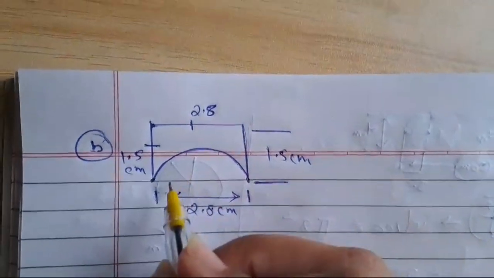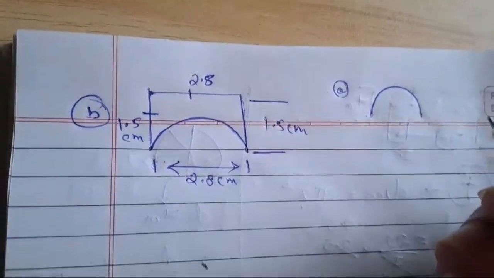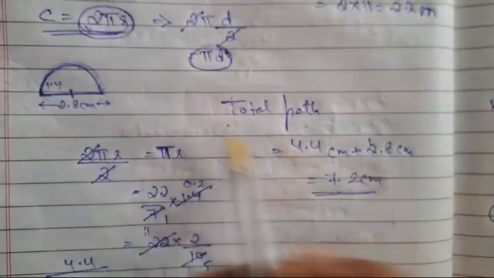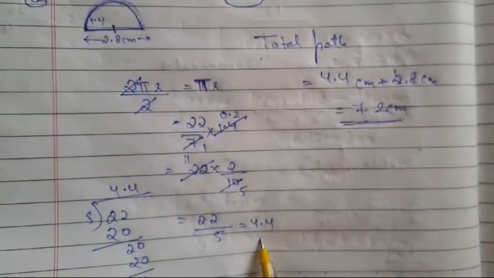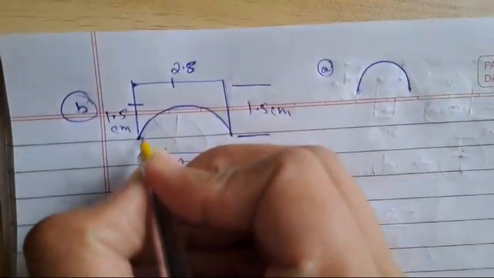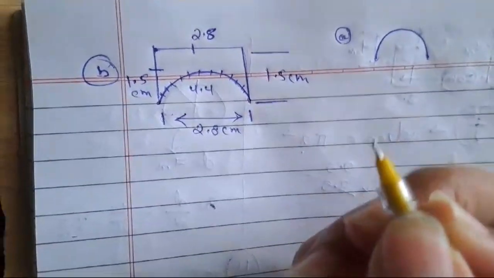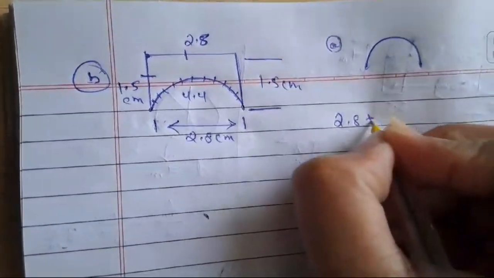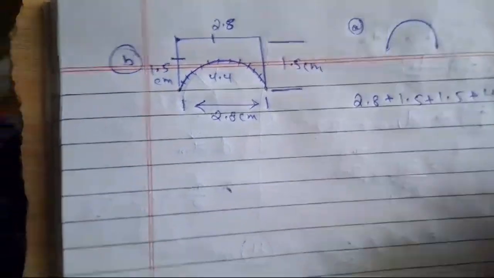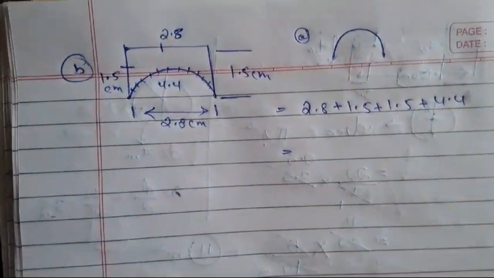Now what did we do from the first figure when we were finding out the circumference of the semicircle? We got the value as 4.4 centimeters only for the semicircle part. Okay, so the semicircle distance is 4.4 centimeters, which we already know. So 2.8 plus 1.5 plus 1.5 plus 4.4 is what we are going to do. Okay, to find out the perimeter of this shape, or the distance the ant is going to travel in here.